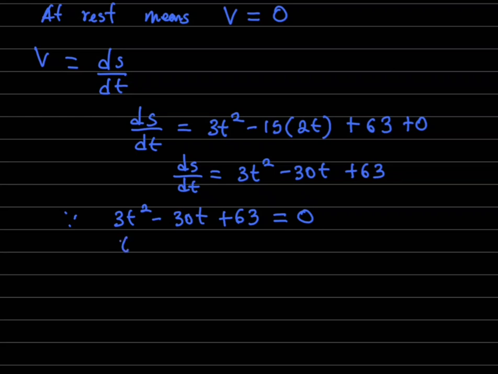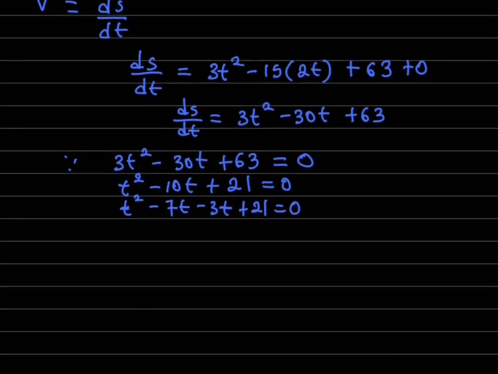So that we're going to have t squared minus 10t plus 21 is equal to 0. Now, solving by factorization, we'll look for two numbers which when multiplied give us 21 and when added give us minus 10. So t squared minus 7t minus 3t plus 21 is equal to 0.